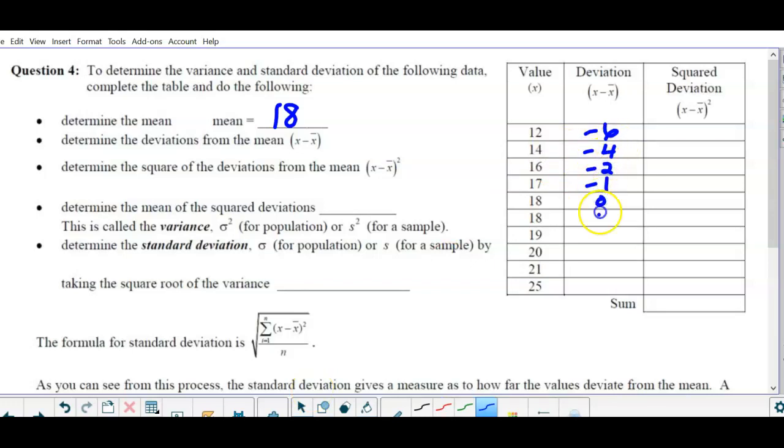Negative 1, 0, 0. Positive, positive, positive, positive. Okay. And then square each of those.